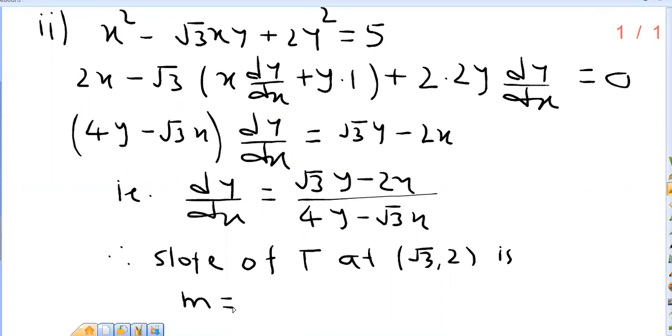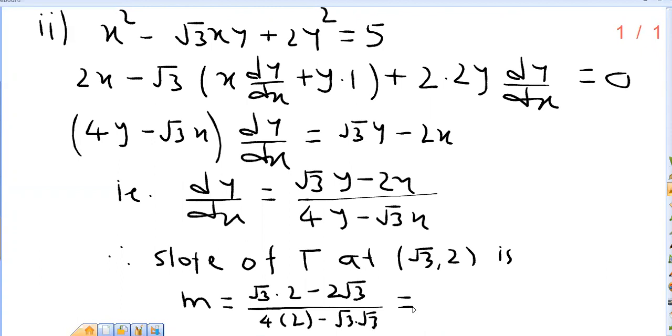Replace every x by x coordinate, that is root 3, and y by y coordinate. So this is root 3 into 2 minus 2 into root 3, upon 4 into 2 minus root 3 into root 3. Okay.